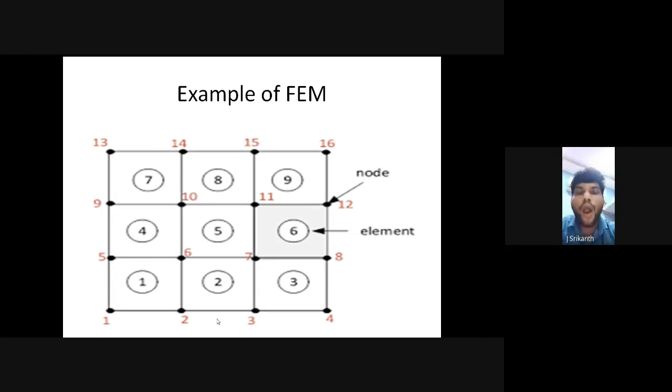At that time, how much stress will be induced in brick number 1? How much strain? How much displacement? How many support reactions? These are the 4 things we find out. In that particular finite element method, brick number 1 and brick number 2, and brick number 9 also, have equal dimensions.